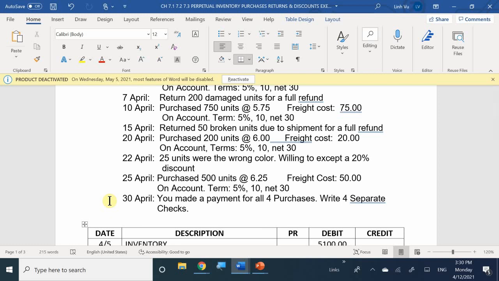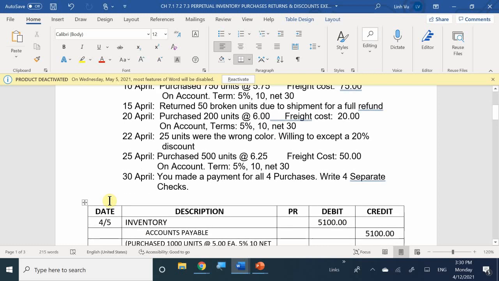There you go. That means we opened the box and found out that 25 of the units are the wrong color. But the vendor convinced us and we are willing to accept a 20% discount. So, how am I going to journalize it and how am I going to calculate this?